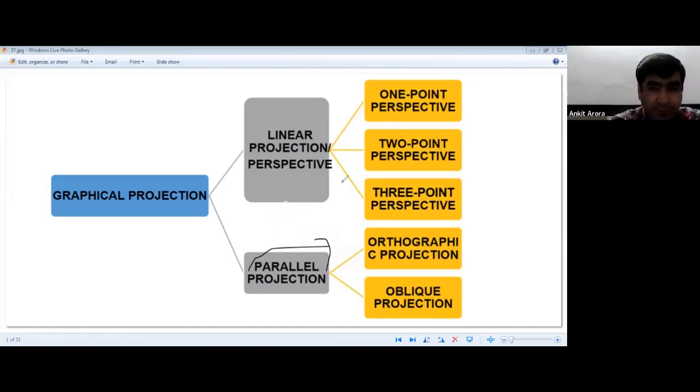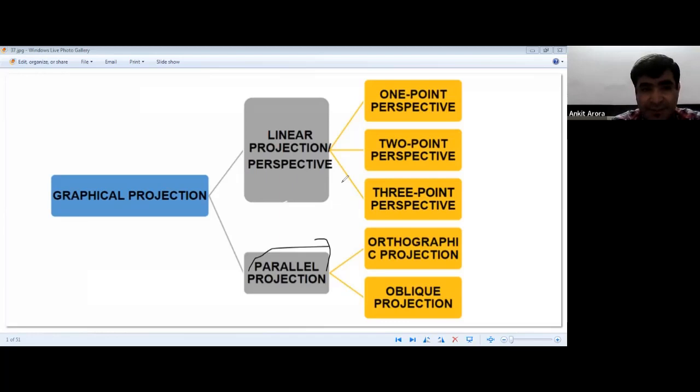But when we talk about parallel projections, there's a slight difference in that. There are certain assumptions that we take before we draw these methods. When we talk about orthographic projections more specifically, it is basically how an object exists in reality. So that is the major consideration that is taken in these views.